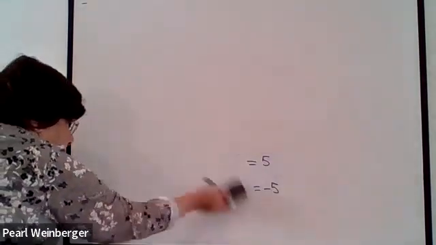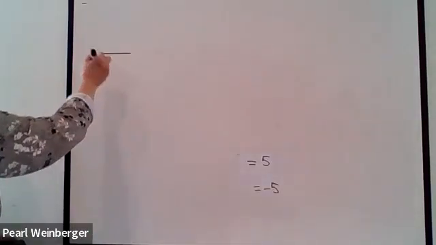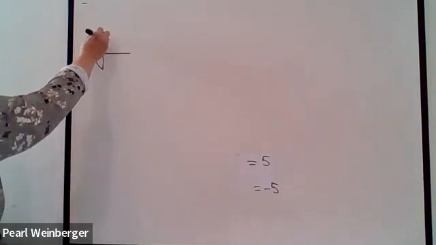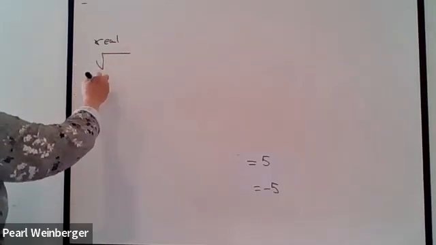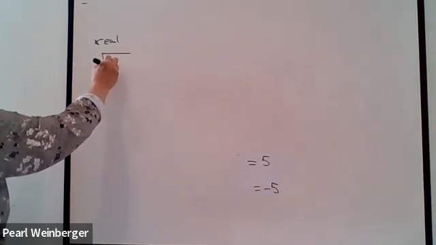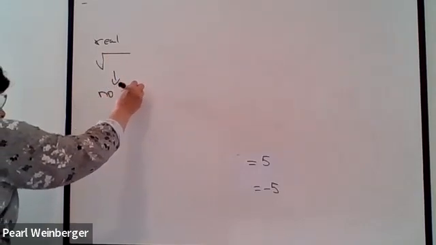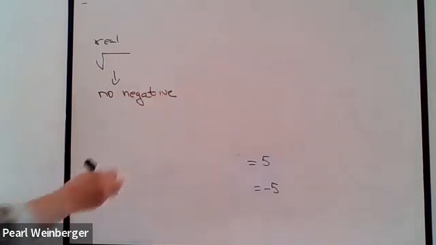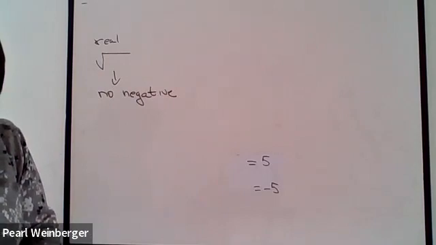Number one, when you're doing the square root of a number, in a real number, there can't be any negative inside your square root. We're going to talk a little later about what happens if there is a negative in a square root.